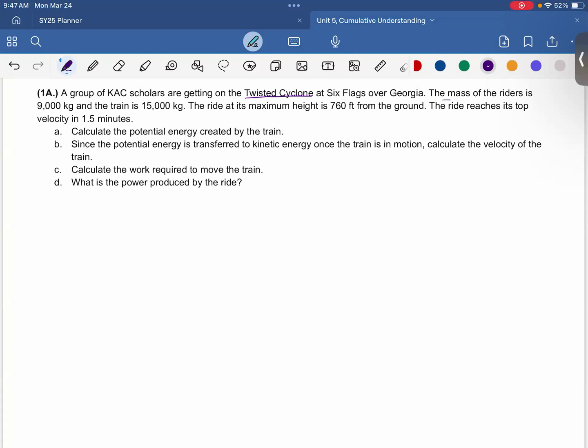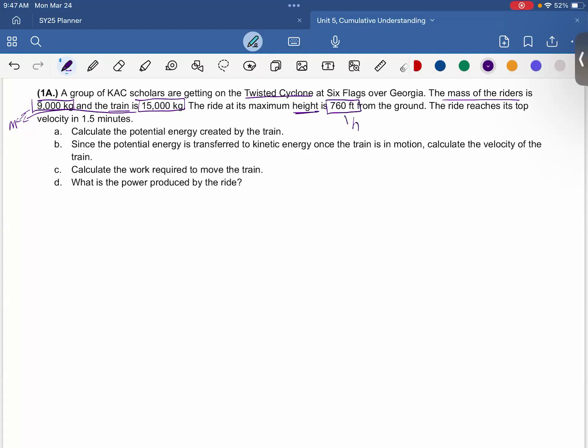The mass of the riders is 9,000 kilograms. So that is a mass, as well as the train, the little car that everybody gets on, which is 15,000 kilograms, also a mass. The ride at its maximum height is 760 feet.